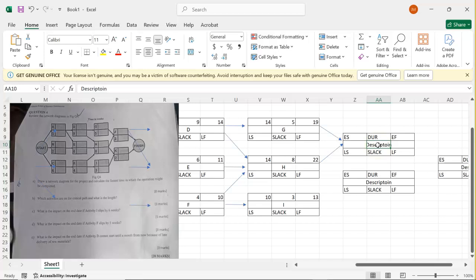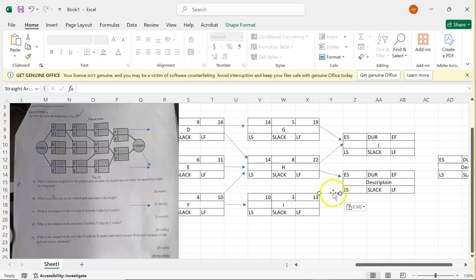Project description there, it is J. For K, it starts when H is complete and also when I is complete.